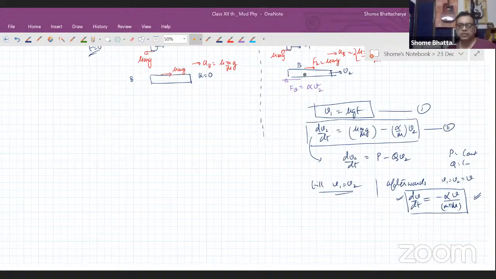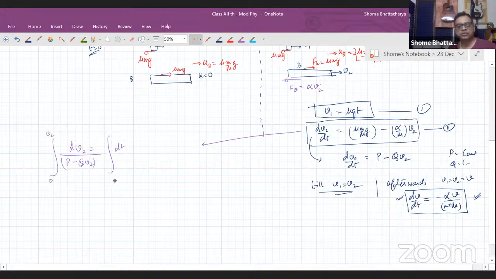Okay. So see what we'll get for solving the second equation. From the second equation, we'll get something like this. V2 will be equal to this.